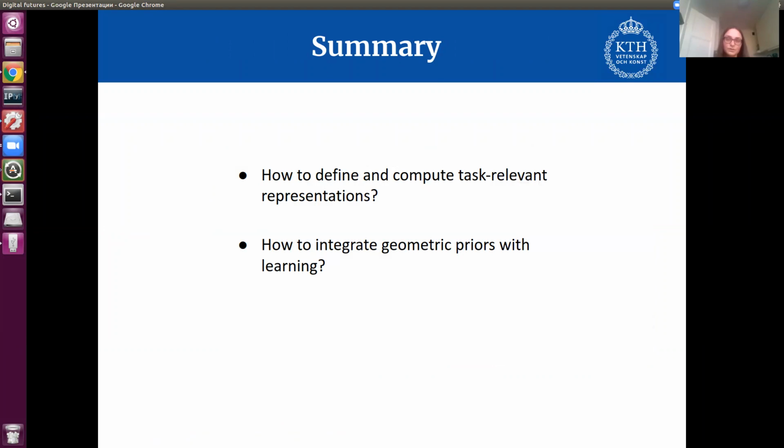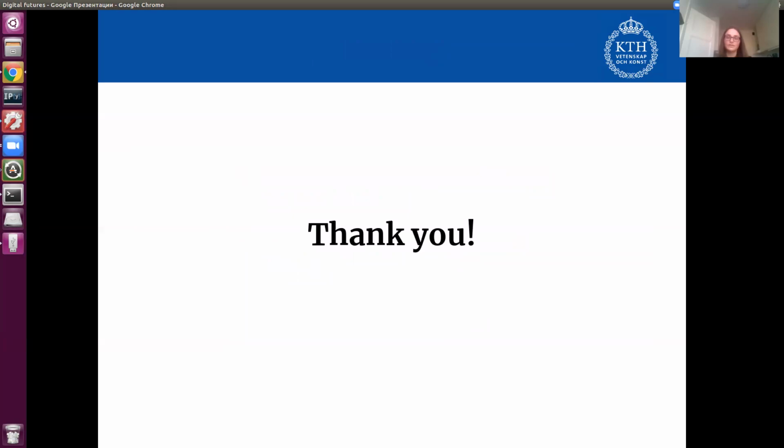And the questions in their full generality remain open. So how can we define good state representations that are just enough for the task at hand, but at the same time not just engineered for a task? And how can we use mathematical notions in combination with machine learning to achieve good and reliable results? Okay, thank you very much.